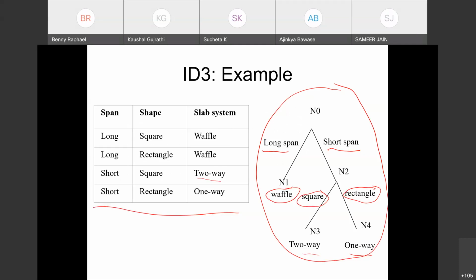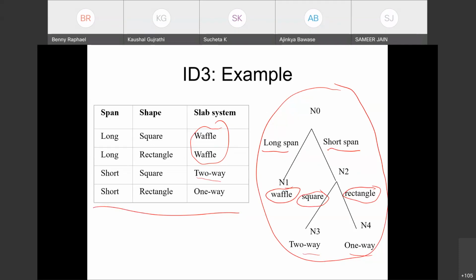So here you can see, if you use span as the variable, if it is long span, it is a homogeneous set. Within this subset, you have only one output value, that is a waffle slab. So that is a good variable to separate the data into sets.